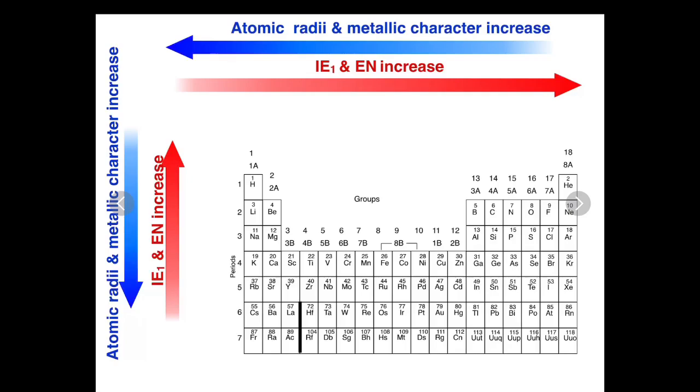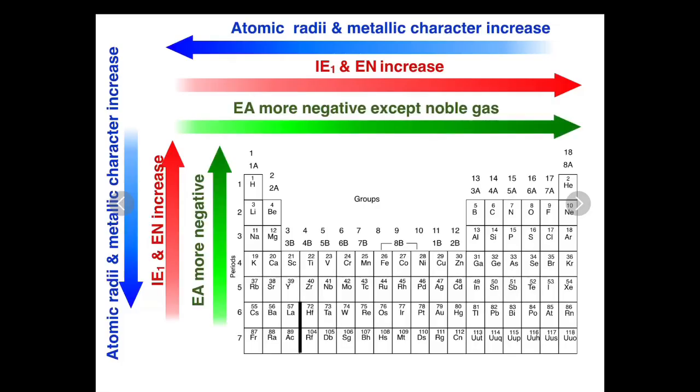It doesn't require much energy to do that. Therefore, the trend for the IE would be the opposite. And as the size is big, they are not going to attract electrons very well. Therefore, you are going to see the electronegativity value decrease as well.